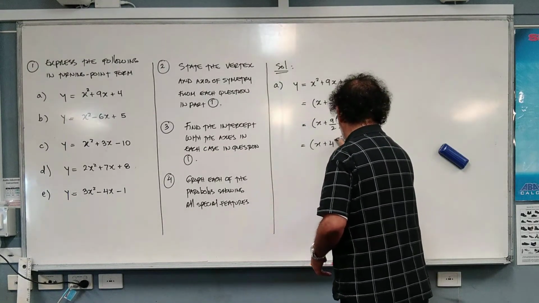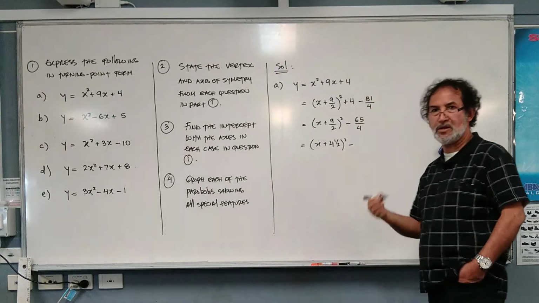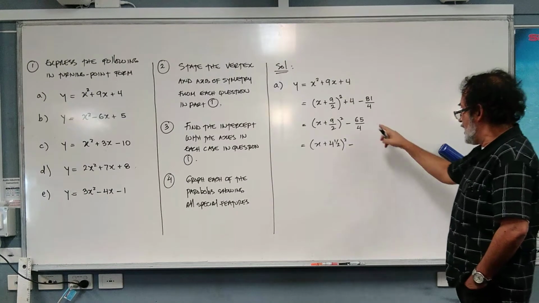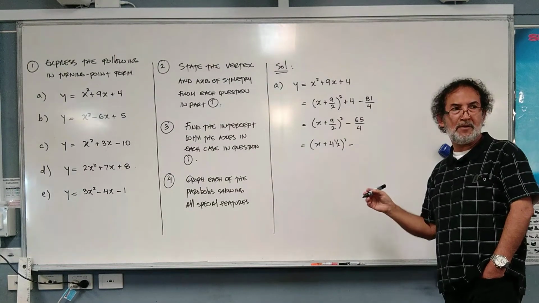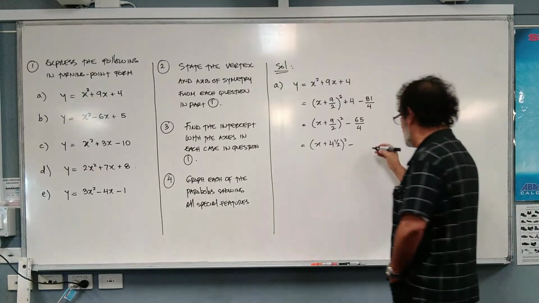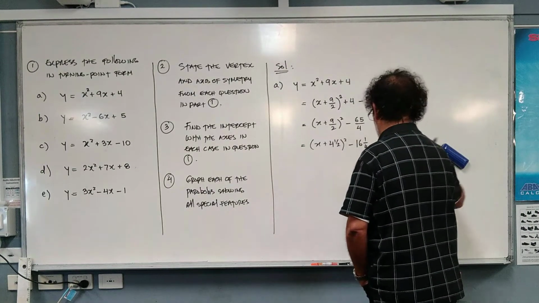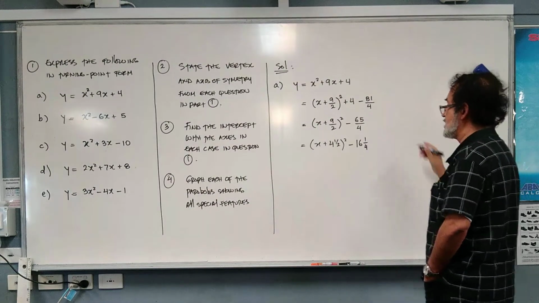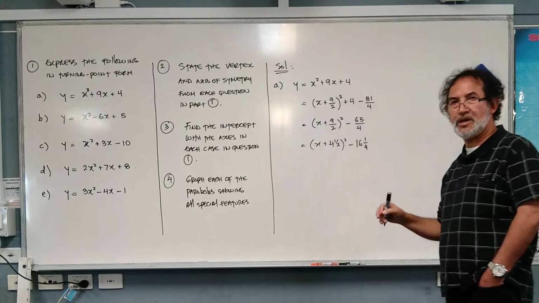So this is going to be x plus 4.5 squared. You don't have to, but I think it's easier when graphing, so you can see. And this in mixed numeral, what is it? 16 and a quarter. All right. Okay. So you can see we went from the general notation to the turning point notation.